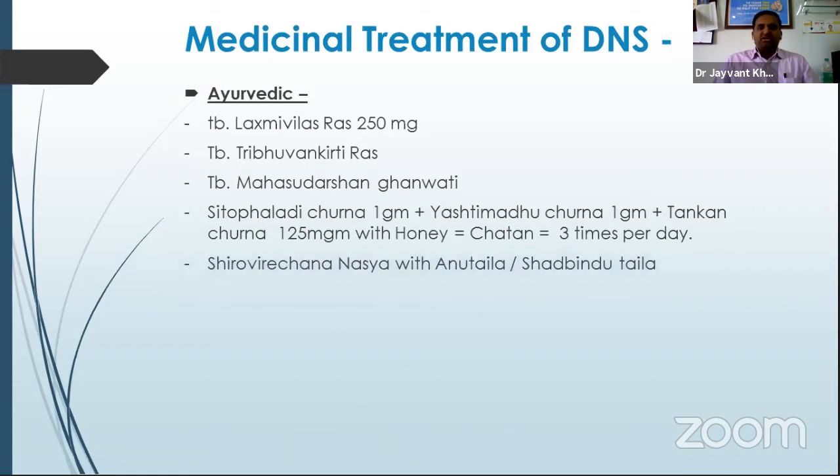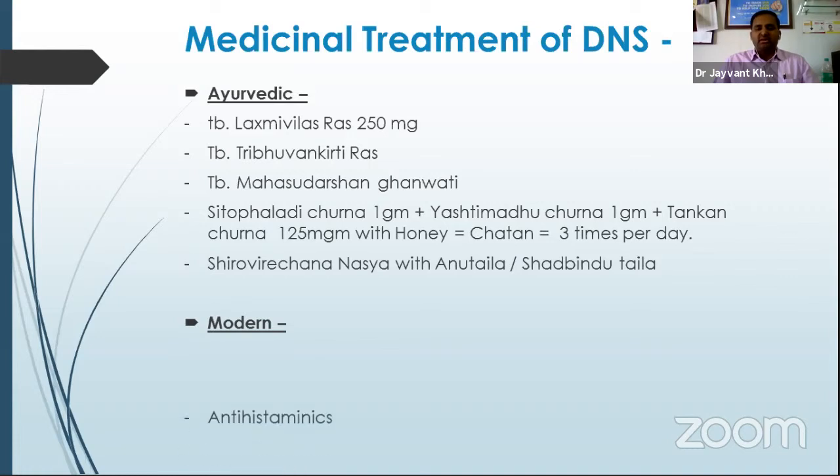Shirovirechana Nasya with Anu Tail or Shadbindu Tail if there is compensatory or bilateral turbinate hypertrophy. Due to turbinate hypertrophy, nasal obstruction is more, then we will follow Shirovirechana Nasya with Anu Tail or Shadbindu Tail.